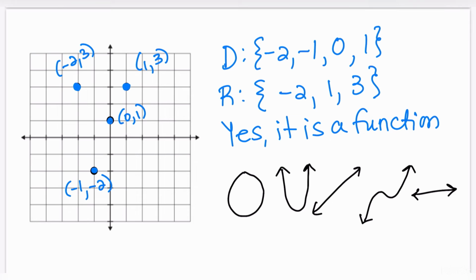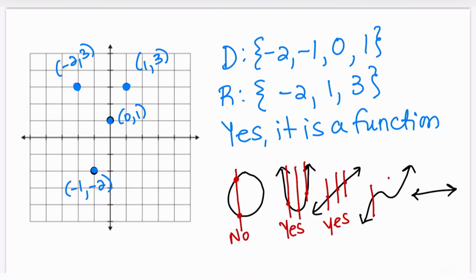If I draw a vertical line anywhere through this circle, you're going to notice that the vertical line intersects the graph at exactly 2 times. So no, this is not a function. A parabola is a function because no matter where I draw that vertical line, it's only going to cross the graph exactly 1 time. This diagonal line is also a function because no matter where I draw this vertical line, it only intersects 1 time.